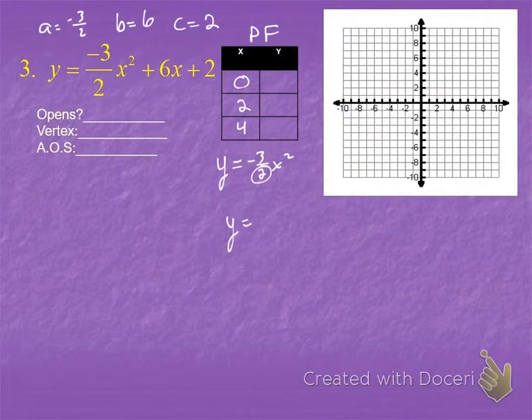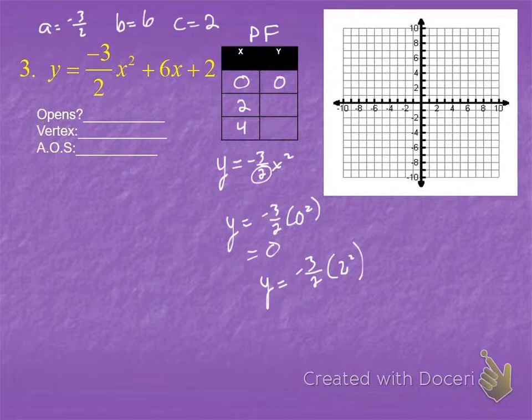So if I plug in 0 for x, 0 squared is 0. 0 times negative 3 halves is 0. So 0 comma 0 is still going to be one of our points. Then I'm going to plug in 2. Okay?